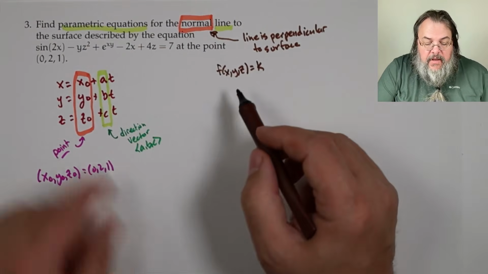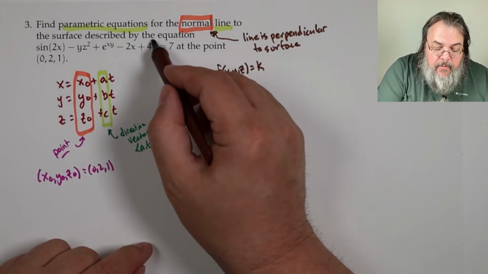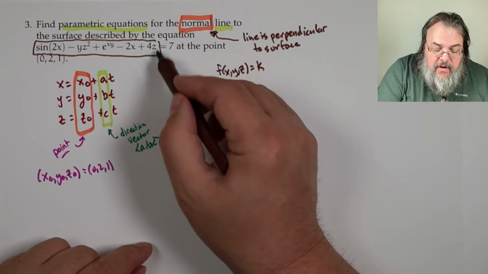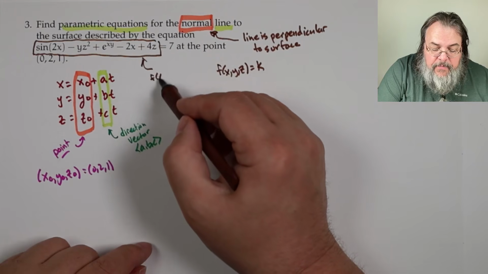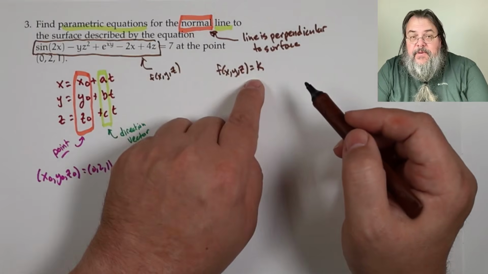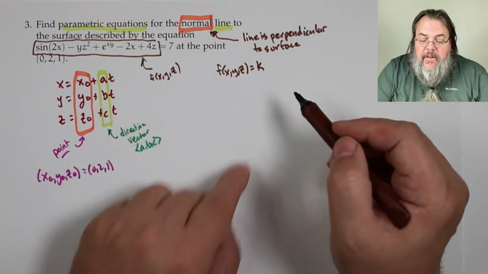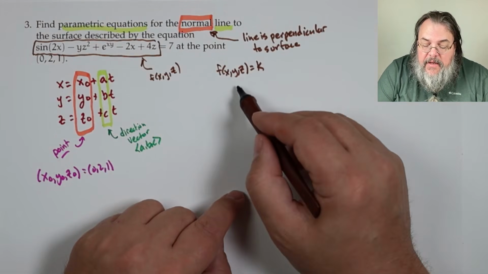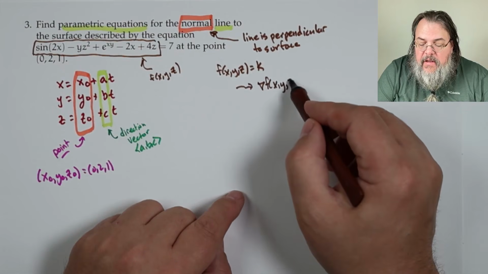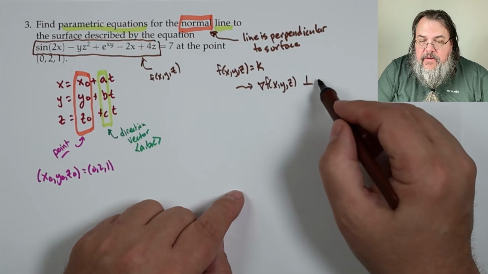Okay, so that's our setup. This long expression here is our f of x, y, z. And so we have a level surface in some sense. If that's our setup, then the gradient of f of x, y, z is perpendicular to the surface.